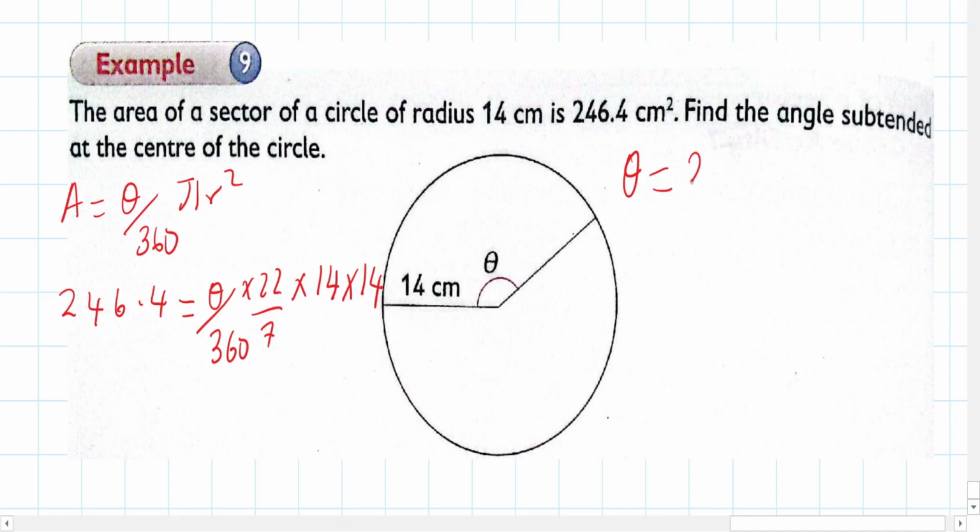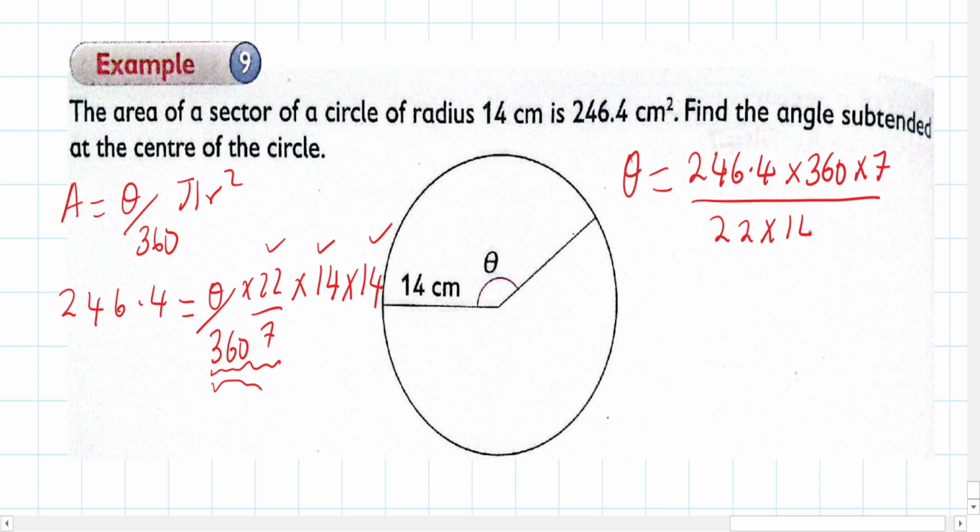So let's say you have 246.4. Now you'll multiply with whatever that was at the bottom, that is 360 and 7, and then you divide by whatever was at the top, that is 22 times 14 times 14. That gives you the simplest way possible.